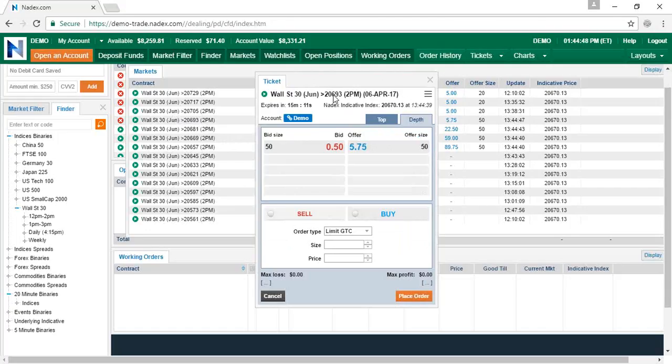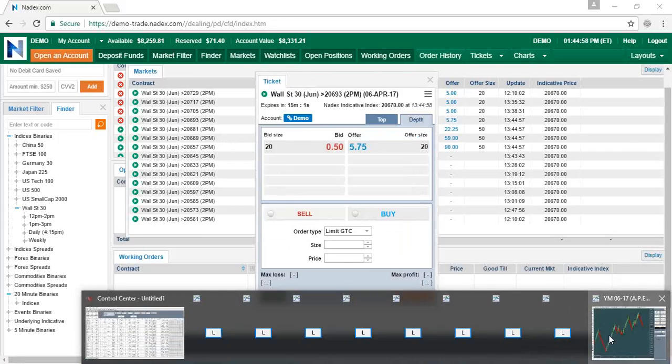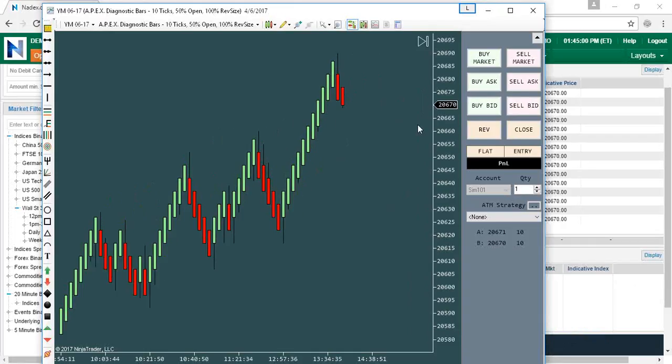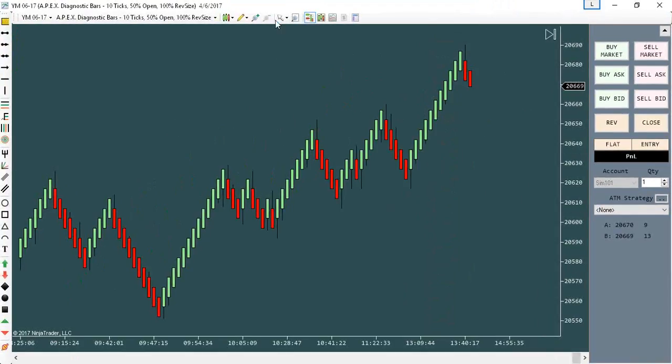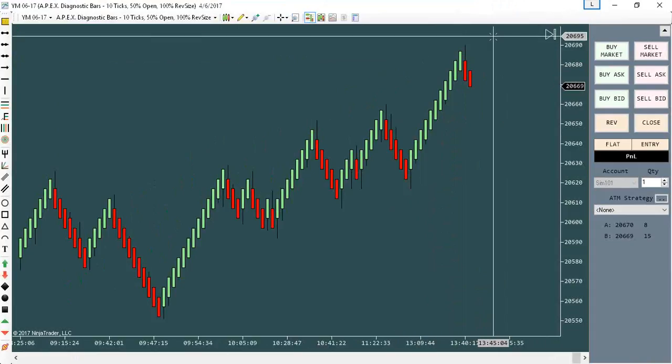It's very low probability. Well, why? Well, look at the price, 20,693. Look at the market. It's at 20,670.